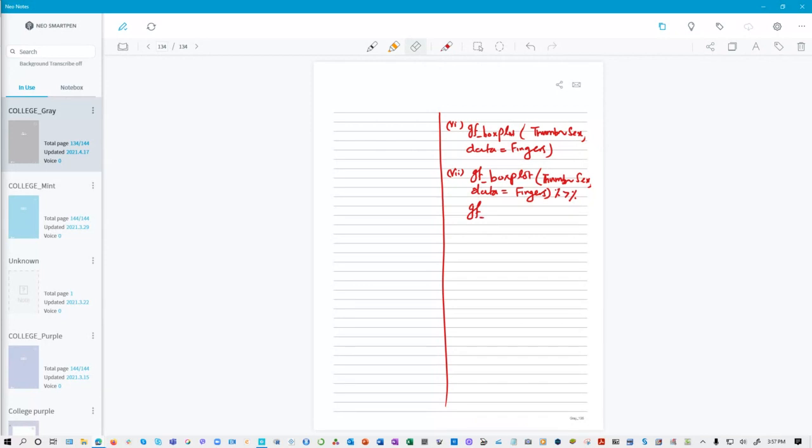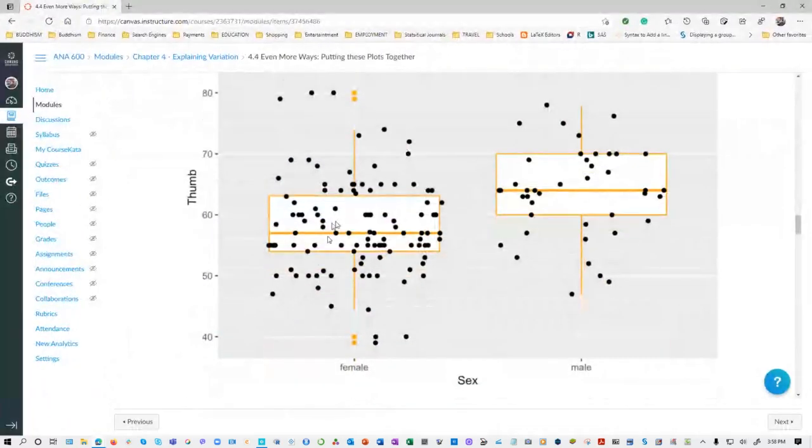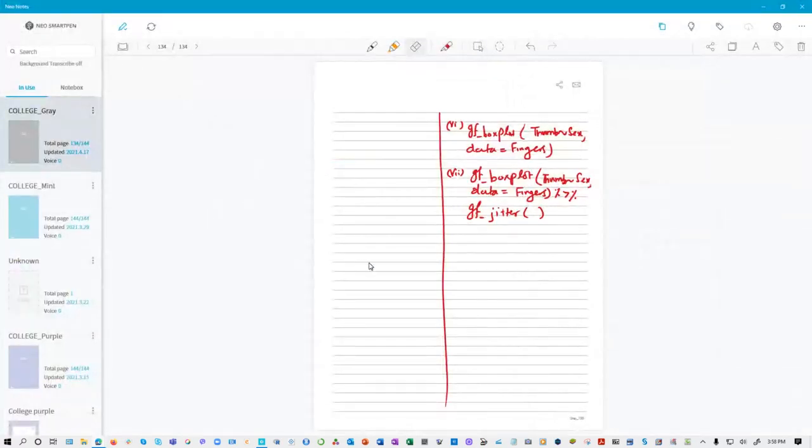You simply say, give me jitter as well. You don't have to put anything inside, everything's already done. Then you're going to have this guy, box and jitter together. That's when we have quantitative and categorical.